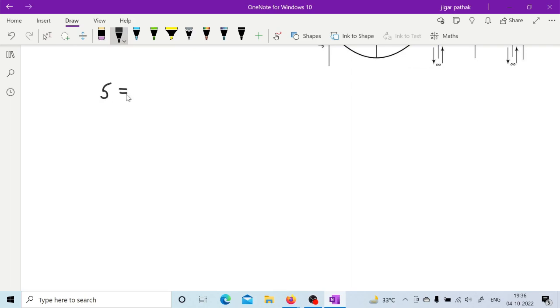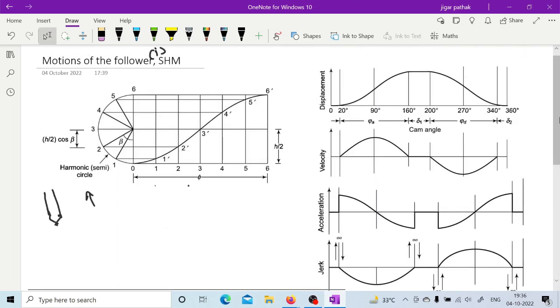So in case of SHM, simple harmonic motion, your S can be represented by h by 2 minus h by 2 cos beta. From where has it come? It has come from this figure only.